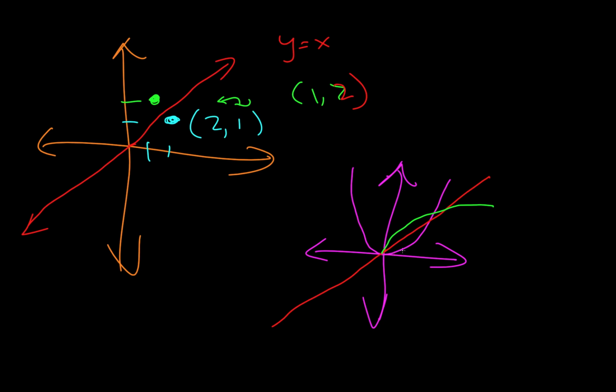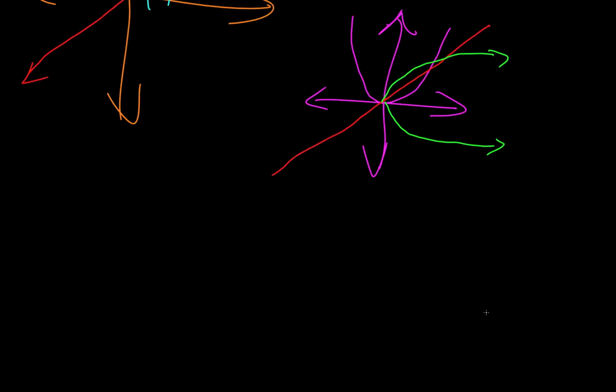See how I mirrored this, this, this, this. Now I'm going to mirror this piece. The green one is not a function because it fails the vertical line test, but later we'll talk about how to deal with that. But for now, just this concept of flipping across that line, y equals x, that's a visual definition of what an inverse function is.